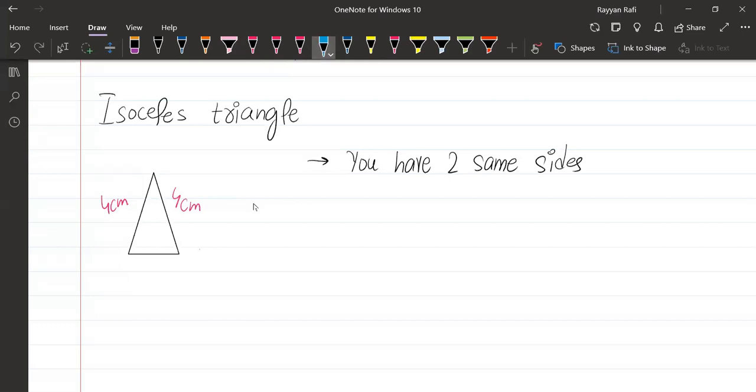अब we can derive कि अगर मेरे पास दो सेम साइड्स हैं, wouldn't I also have two same angles, है ना?